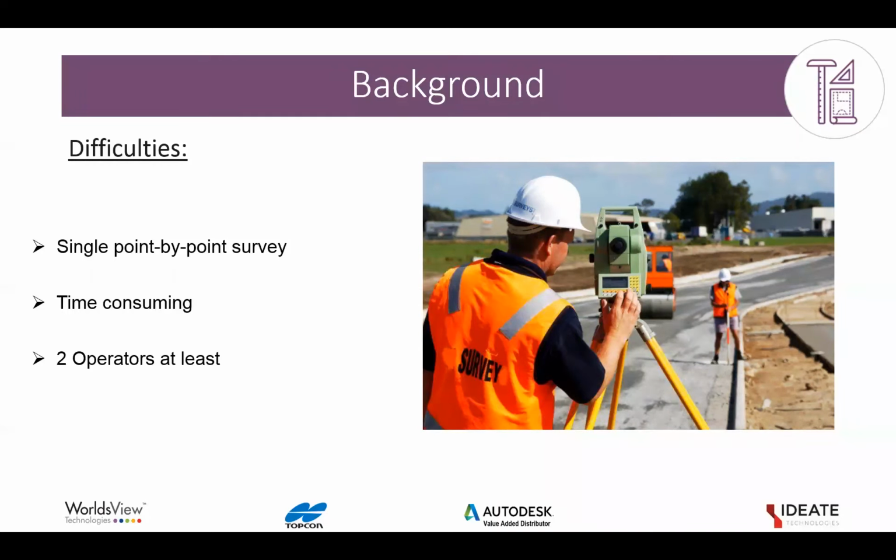We need to survey it with another separate operation. And this is really the main issue. We need to survey each point, each element, with a single operation. And we need to repeat this operation as many times as we have singularities in a building.